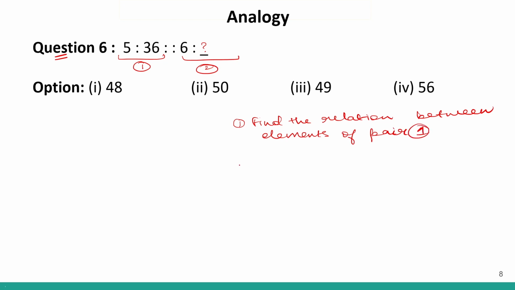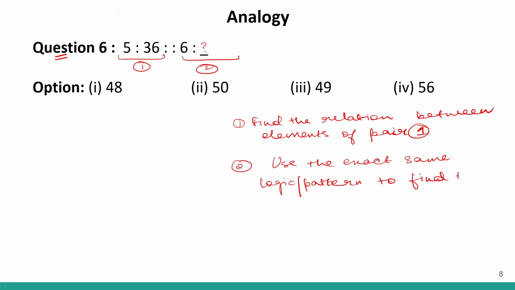This is our first step. Second, use the exact same relationship, or exact same logic, or you can say pattern, to find the missing element in pair 2, correct? This is the logic.